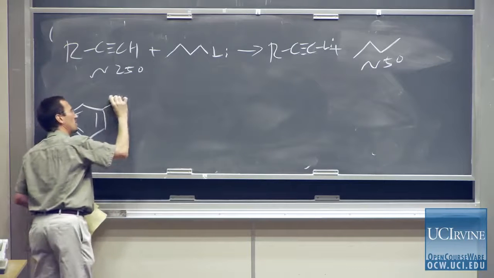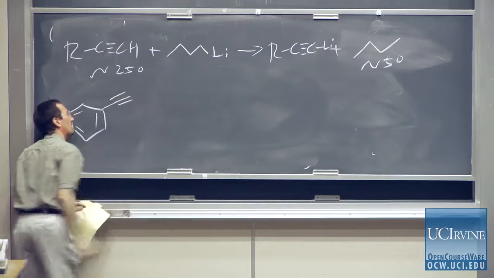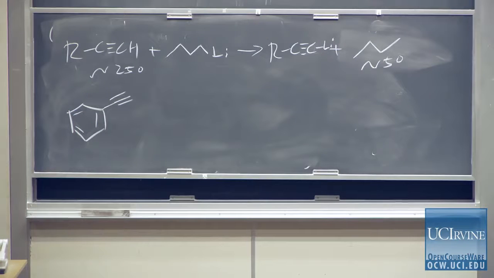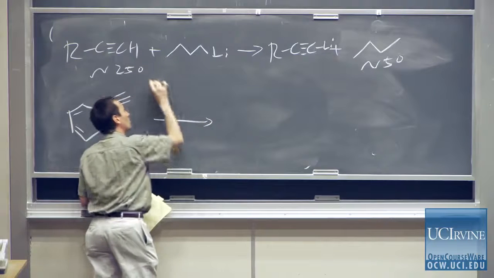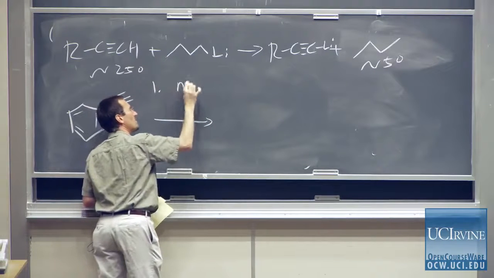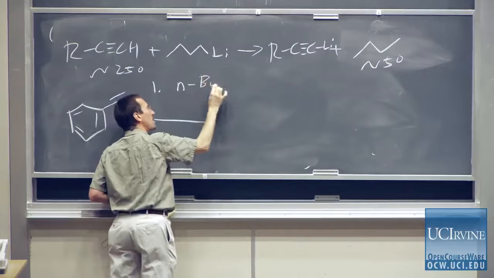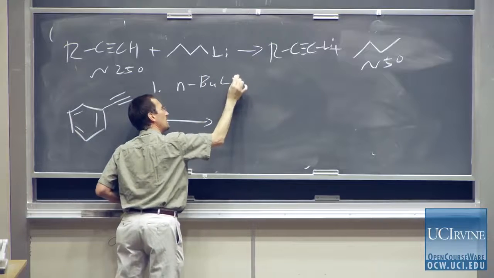Just to give you some diversity in the molecules that you see, I'll take, say, phenylacetylene, and we could envision treating it with butyl lithium. You'll often see butyl lithium written as N-butyl.